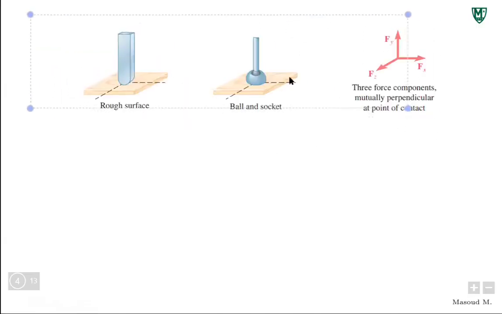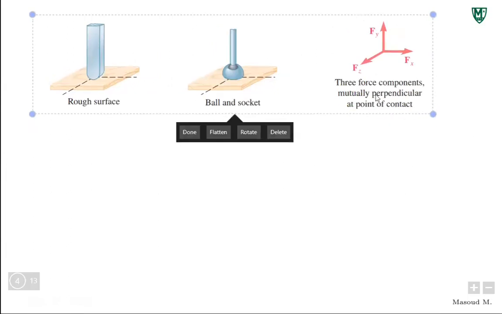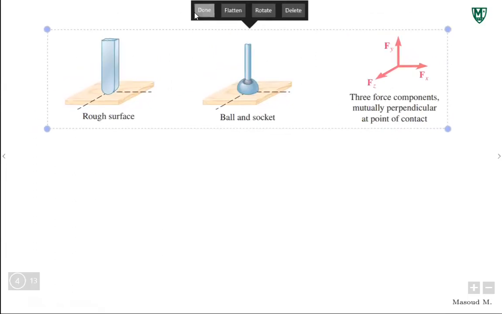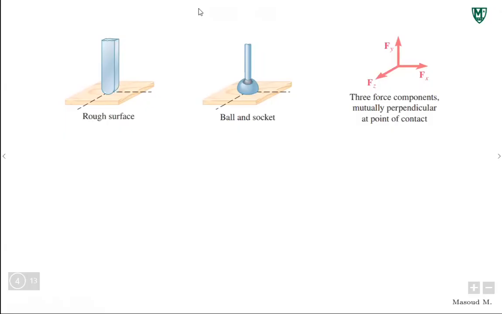Would be either a rough surface. And if you have a rod like this, a bar like this, sitting on a surface, I can make it as horizontal as possible on a surface. Now the palm of my hand is a pretty good example of a surface with a lot of friction, I would say.